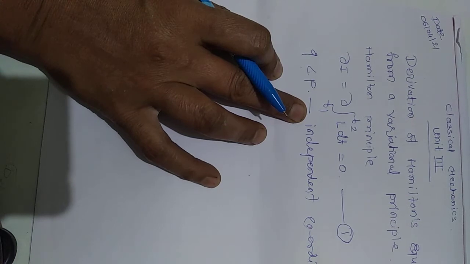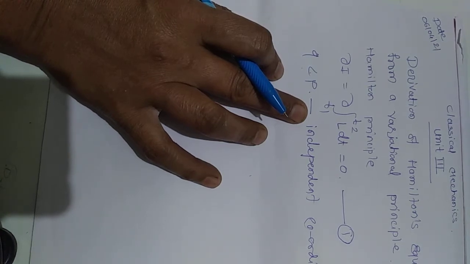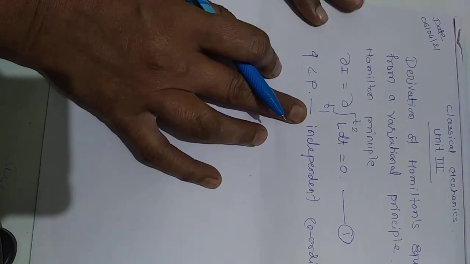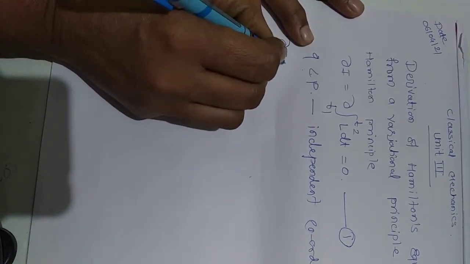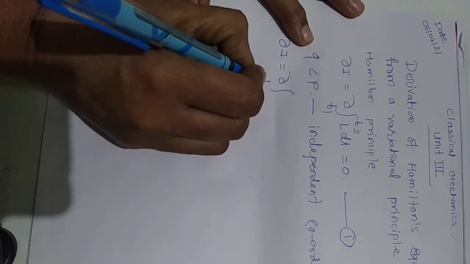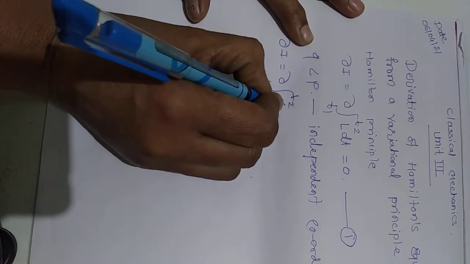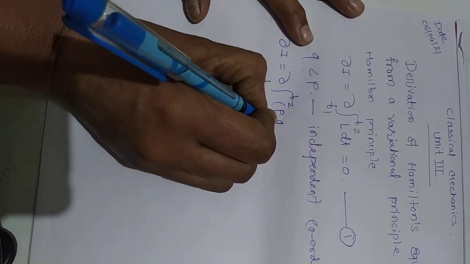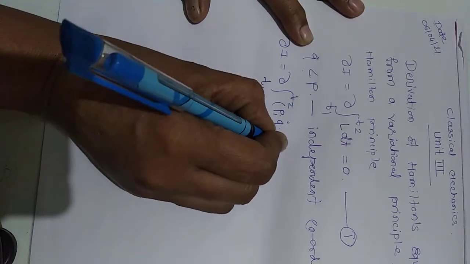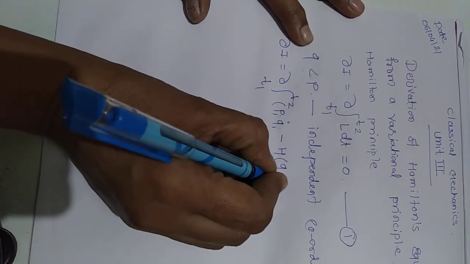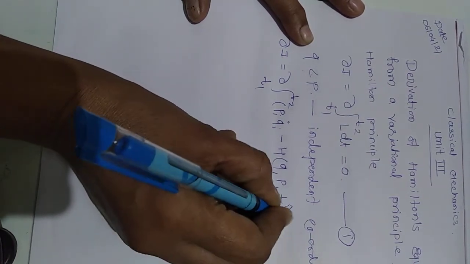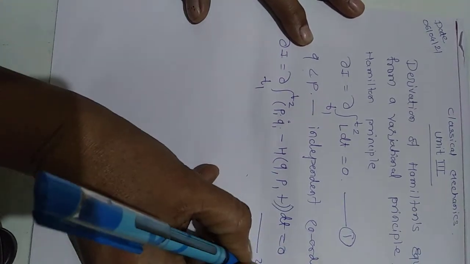To this end, the action integral 1 must be expressed as a function of both q and p, and their time derivative, and appears as delta I is equal to delta of integration t1 to t2 pi qi dot minus H of q, p, t dt is equal to 0.